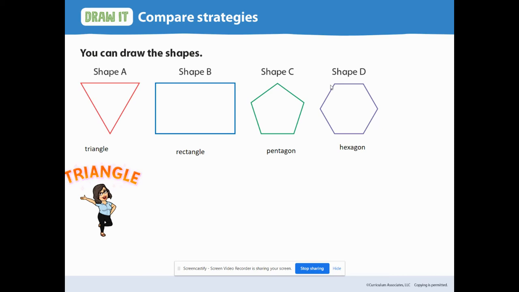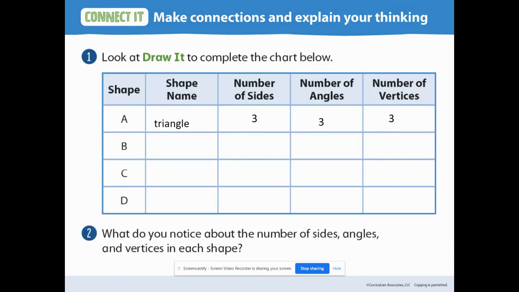How many vertices do you think it has? If you said 6, you're right. 1, 2, 3, 4, 5, 6. They're points. How about the angles? Let's see on the inside. 1, 2, 3, 4, 5, 6. Wow, hexagon. So we have a picture strategy and we have a draw it strategy.